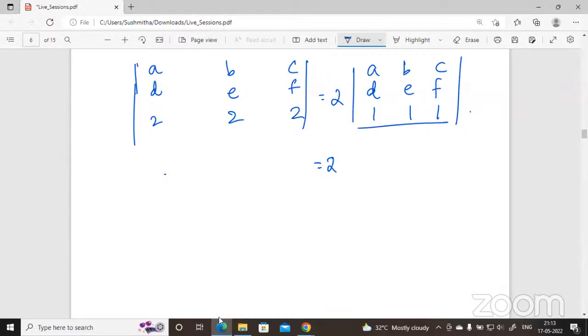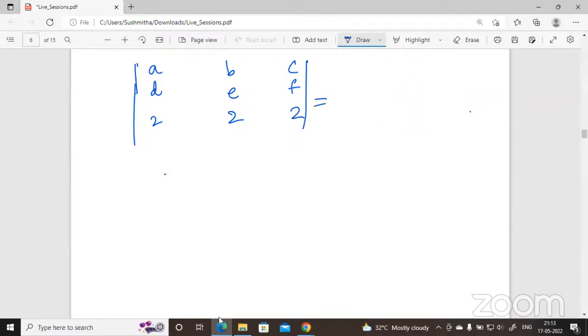Yes, ma'am. I think we can also do R1 plus R2 here, so that we get 2 rows the same. Scalar multiplication, yes. If you do R1 plus R2, the determinant of this is going to be the same as 3, 3, 3, D, E, F, 2, 2, 2.